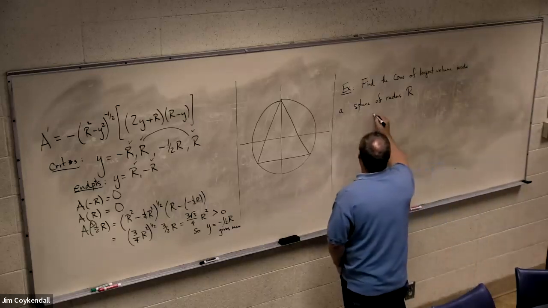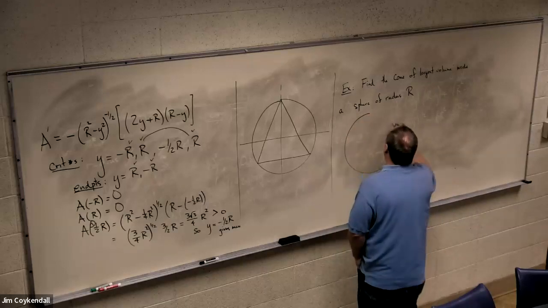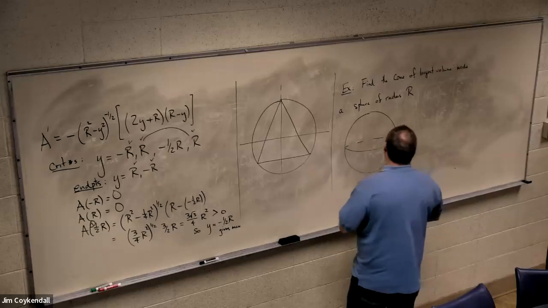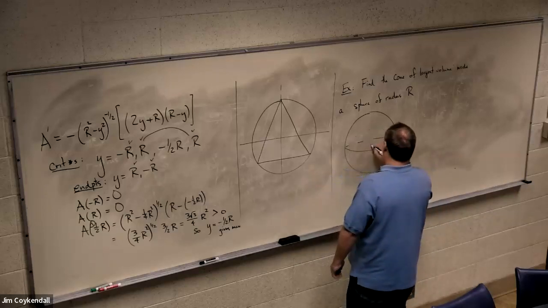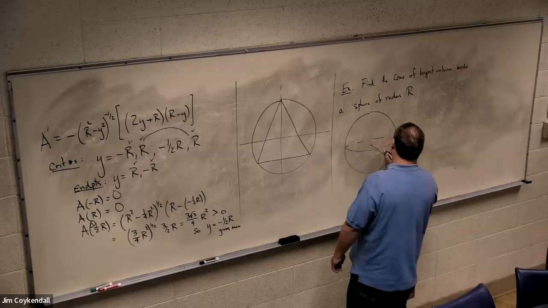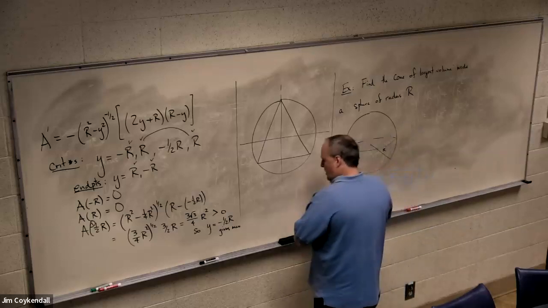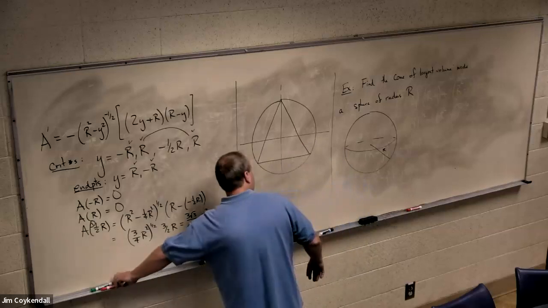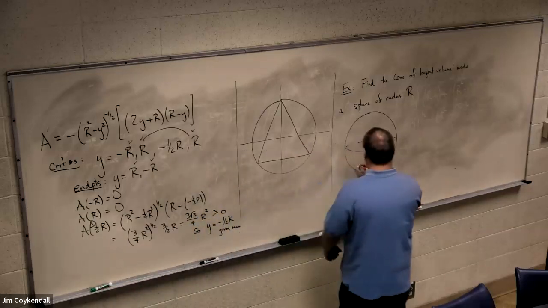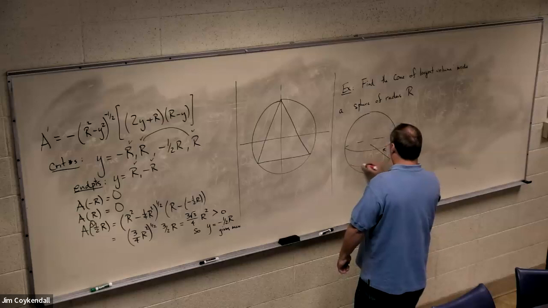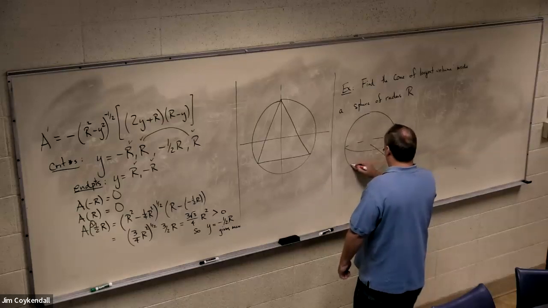Let me draw a picture of this. I'm going to draw a primitive picture first, and then make a better one. So here I have a sphere, radius r. And I want to find the cone in here that has volume as big as possible.